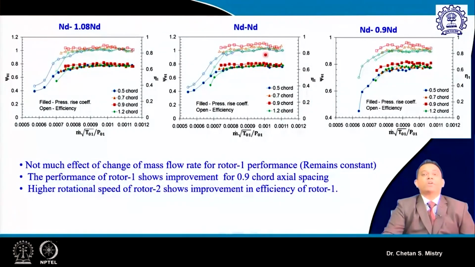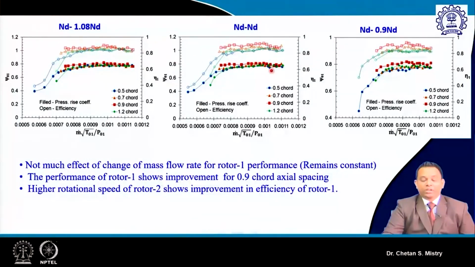These are the performances of both rotors at different speed configurations. Here, both rotors are rotating at design speed. In this case my second rotor is rotating at high speed, and this represents my second rotor rotating at low speed.